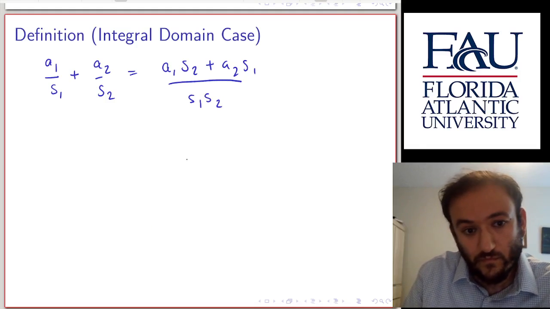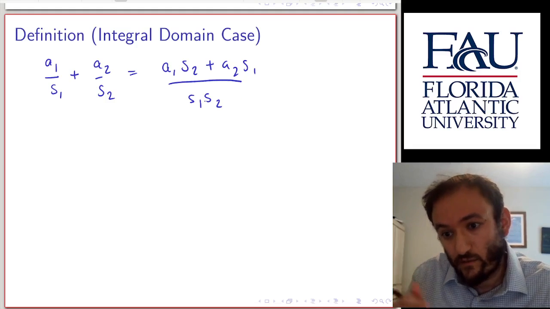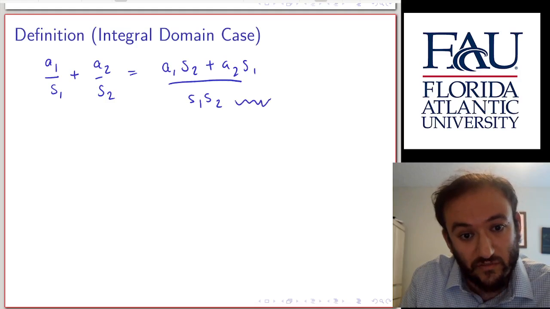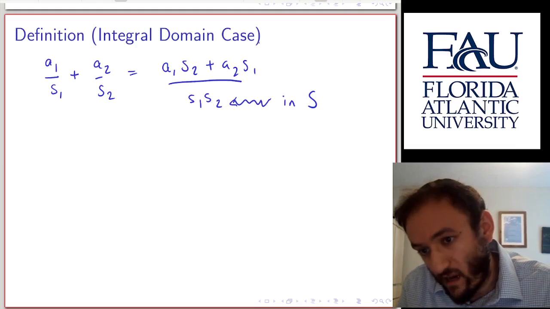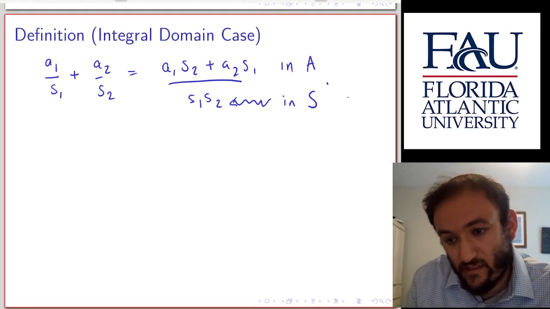Okay. So clearly this is still in the ring of fractions with denominators in S based on the property of multiplicative closure. So the fact that this is multiplicatively closed means this is in S. Okay, and obviously the top part is in A. Okay, so this makes sense.